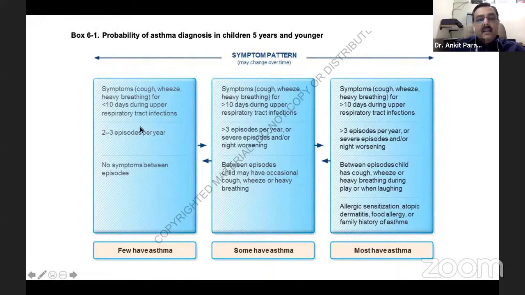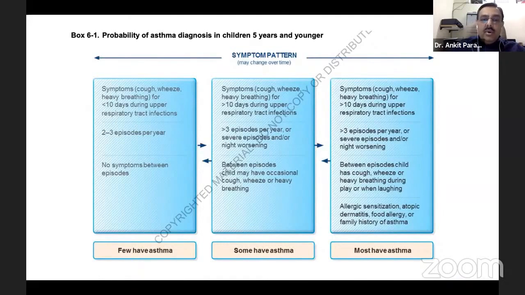Now, if you look at this side of the slide, you will find that it says symptoms are there for less than 10 days with viral infections. There are 2 or 3 episodes a year, and in between episodes, the child is asymptomatic. And it says that few children will have asthma. So this is pertaining to children who are under 5.